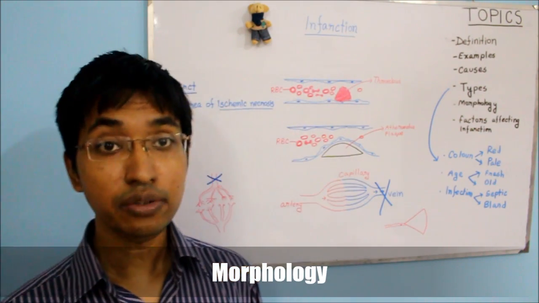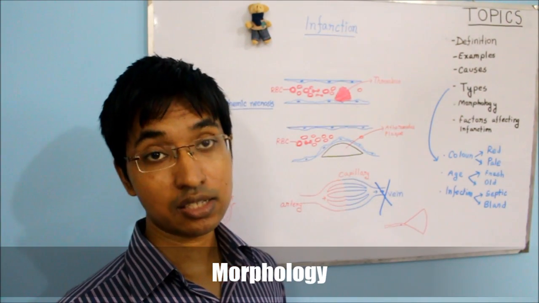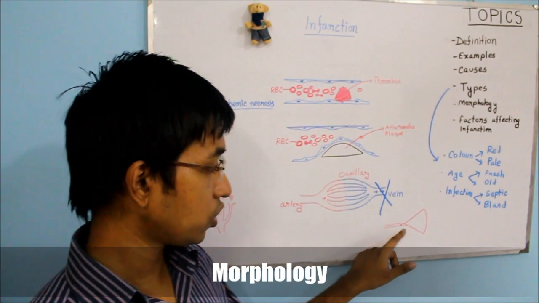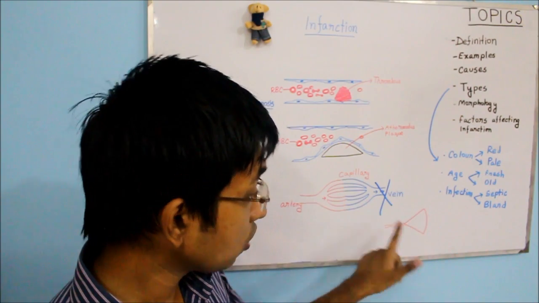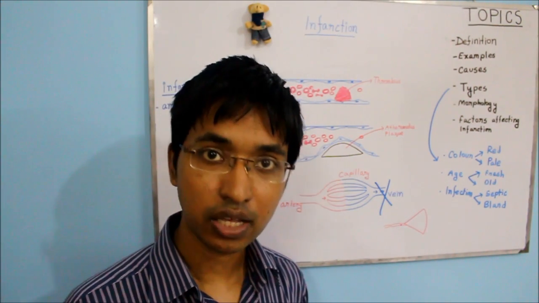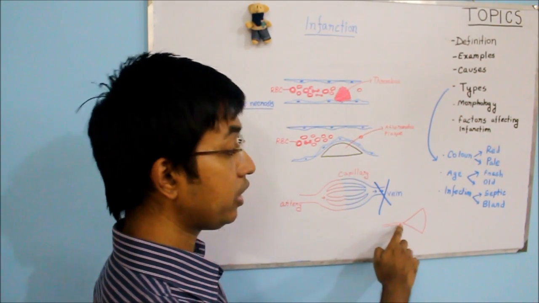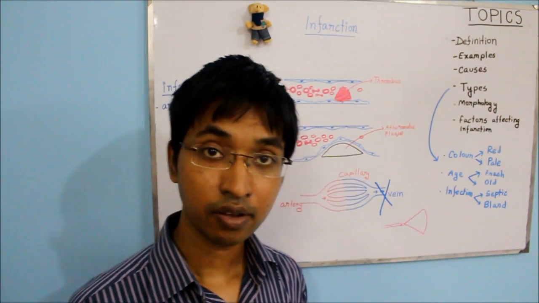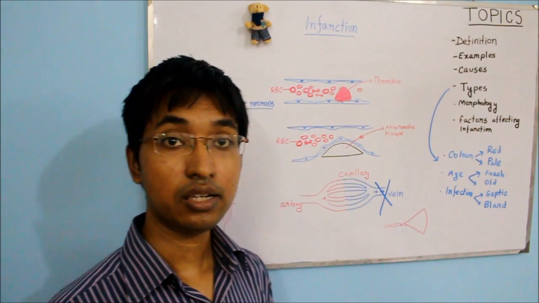And when we talk about infarction, the apex of the wedge will be located at the site of occlusion. Let me explain. Suppose this is an artery, and this artery used to supply this triangular area of tissue with the help of its branches. Now, if this artery is occluded here, this entire triangular area will become a site of ischemic necrosis, and that is an infarct.